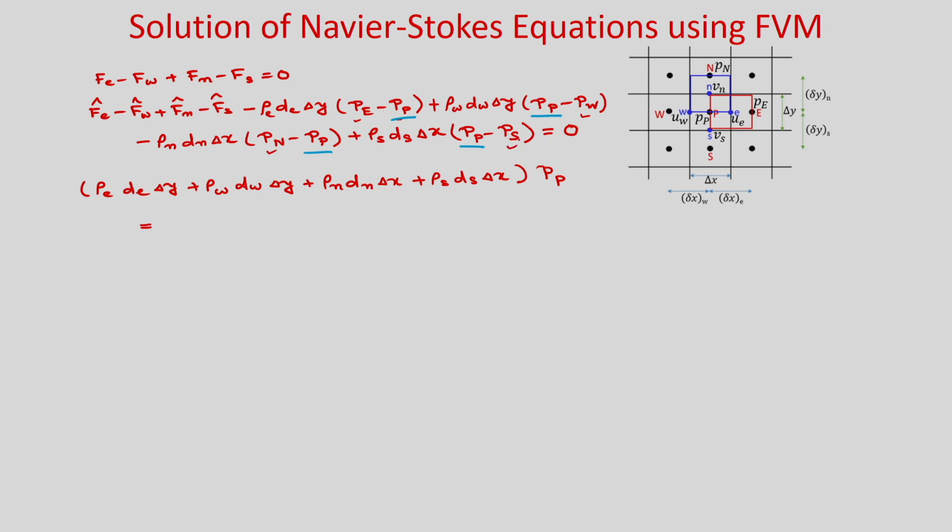Now you take these terms in the right hand side. Okay. So, what you will write? If you take in the right hand side, it will be positive rho e dE delta y Pe, okay, plus rho w dw delta y Pw plus rho n dn delta x Pn and we have rho s ds delta x Ps, and these terms you take in the right hand side.